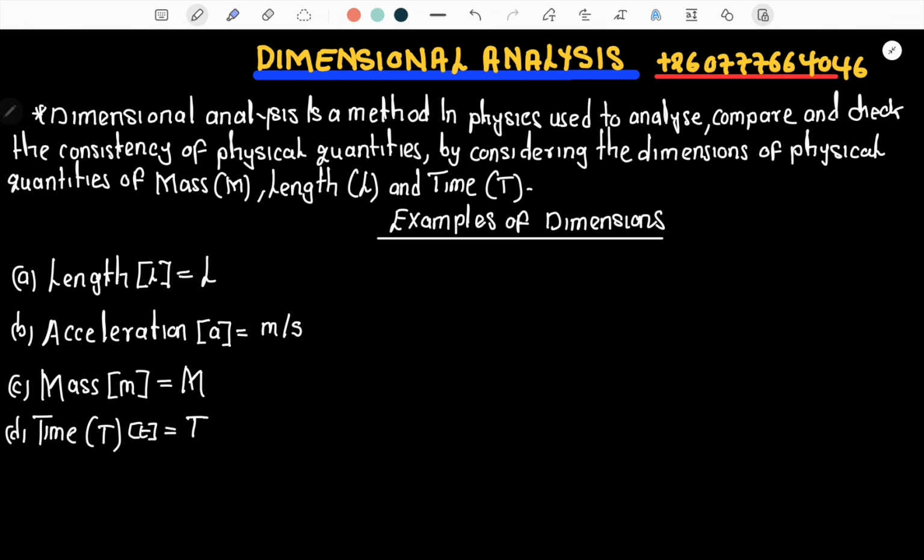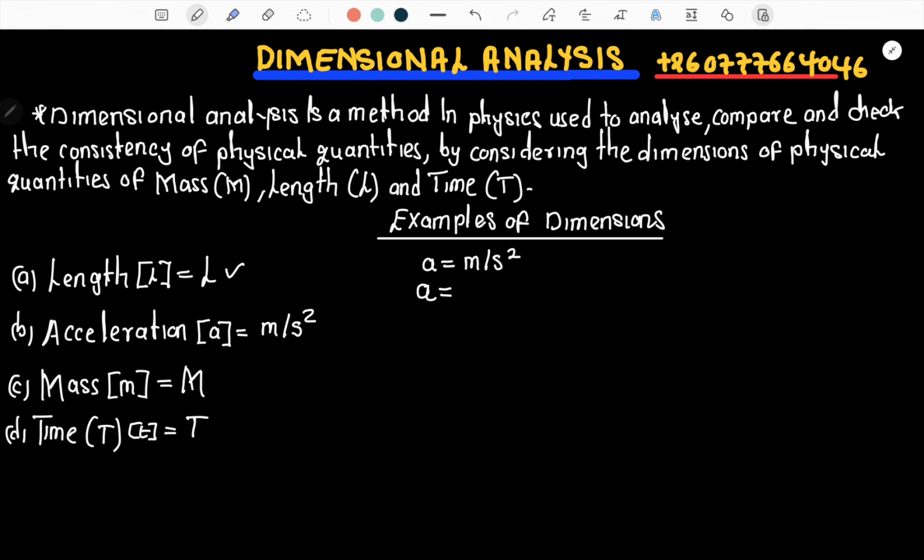Now we can find the dimensions of acceleration just from the units, because we know that the units of acceleration are simply meters per second. Then what is the meter? A meter represents the length. So the dimensions of length has already been stated. It is capital letter L. Sorry, it's supposed to be meters per second squared.